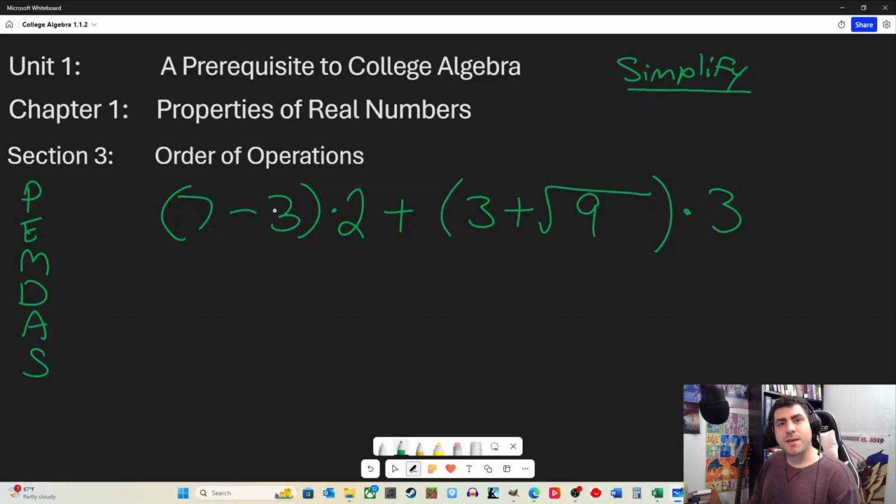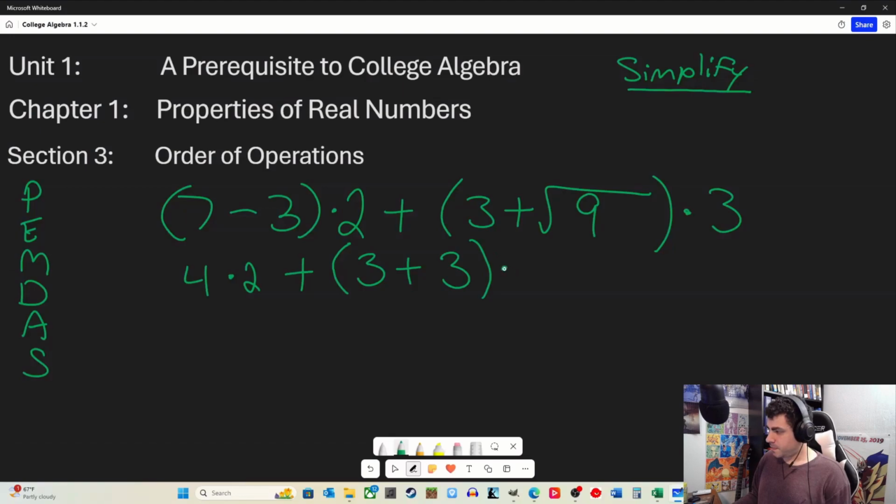So we have 7 minus 3. This gives us 4 times 2 plus, we have 3 plus the square root of 9 times 3. So we keep this parentheses up, and we have 3 plus the square root of 9 is 3, close parentheses, times 3.